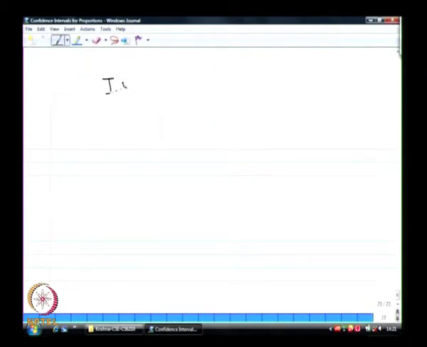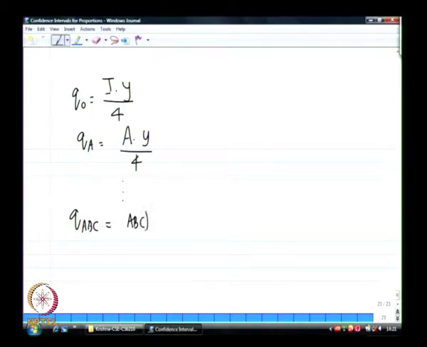So I dot Y divided by 4 will be Q naught. QA will be column A dot Y divided by 4 and so on. QABC will be the dot product of the ABC column with Y, divided by 4.